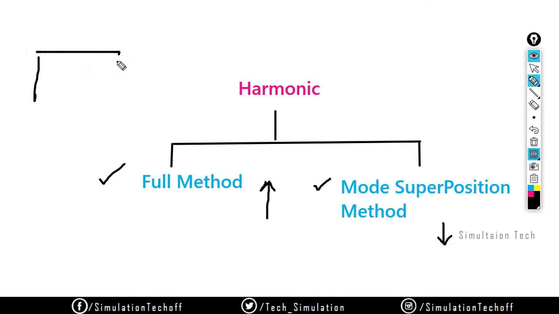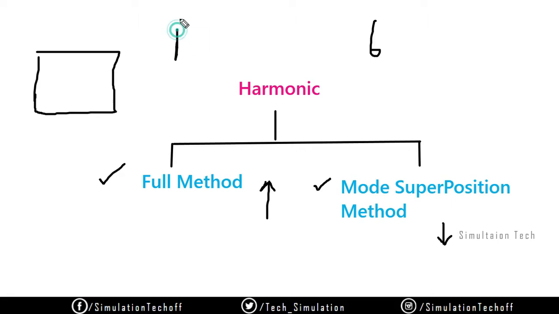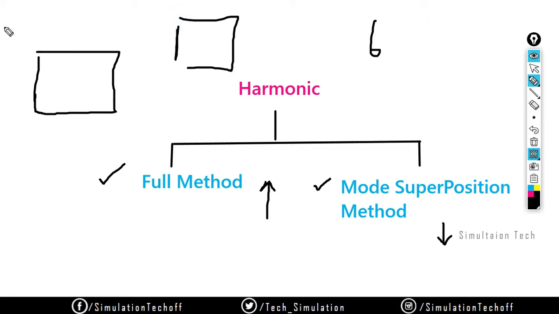You have a modal analysis, and you need to carry out multiple harmonic analyses, like 3 to 4 or 6 types of harmonic analysis. In that situation you can't go for the full method for every analysis, like when you have 6 analyses to complete. So you can simply drag and drop the harmonic analysis and share the data from here.